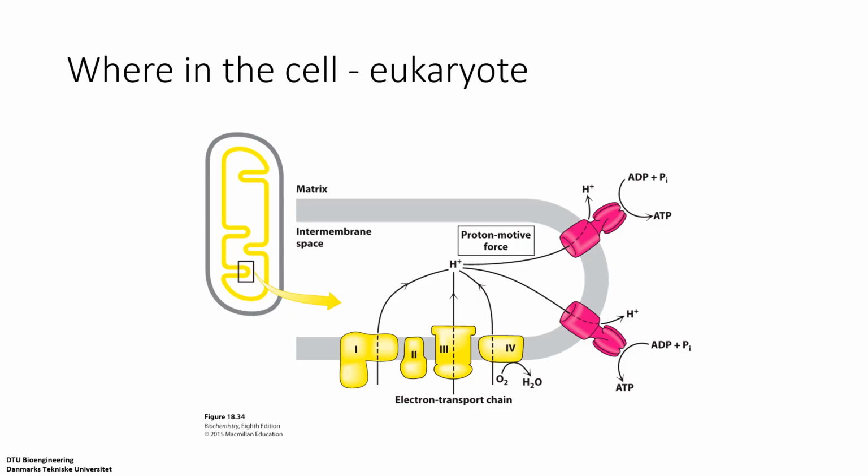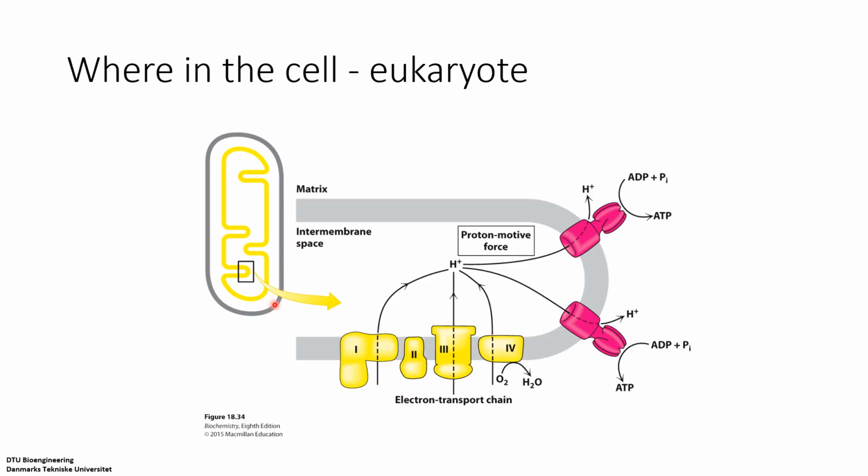Now, where in the cell is this going on? We know about the mitochondria, and the mitochondrial outer membrane is a quite open membrane that allows a lot of molecules to come in and out, whereas the inner membrane is a bilayer lipid membrane where you can have complexes sitting, like we see here, and you have an outer and an inner surface.